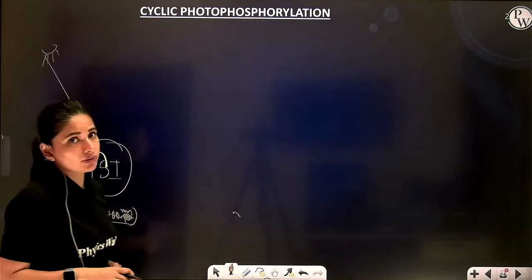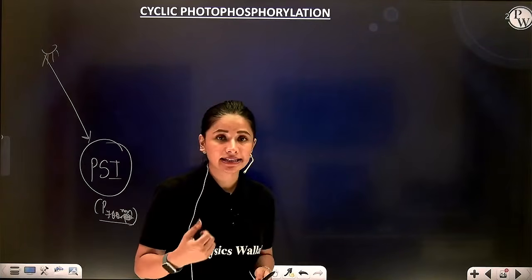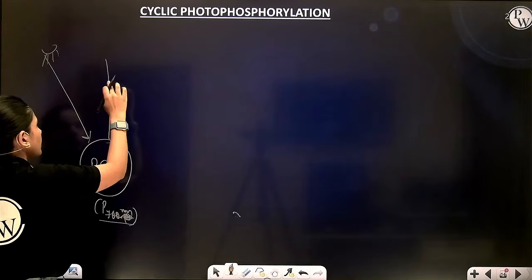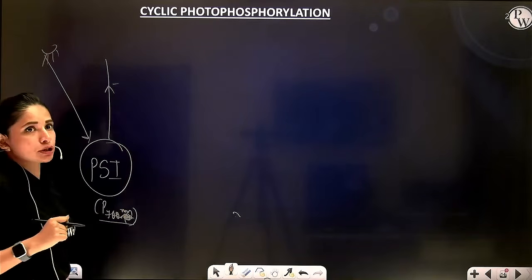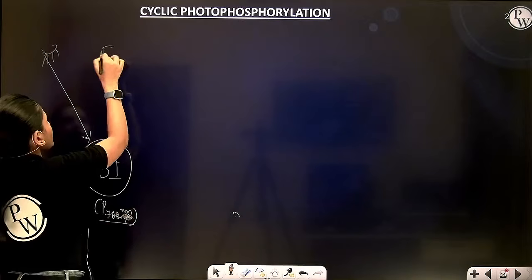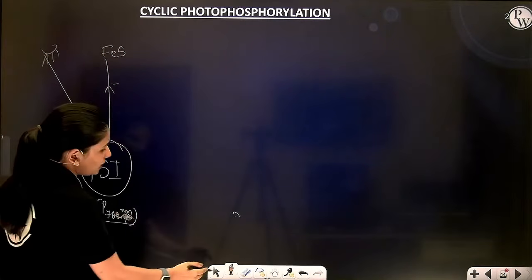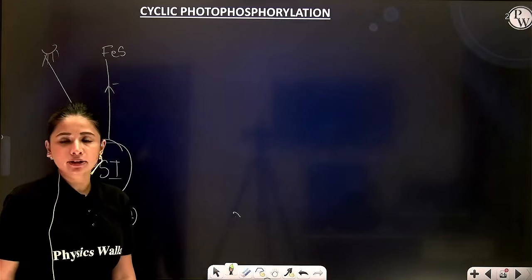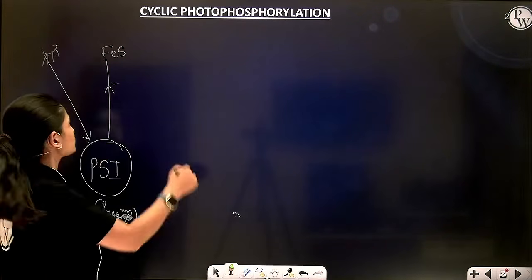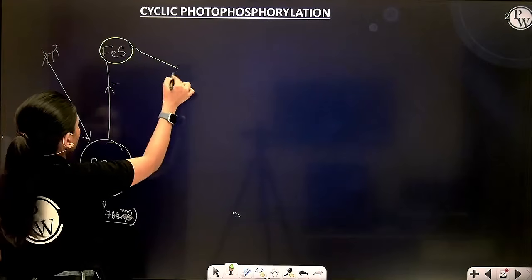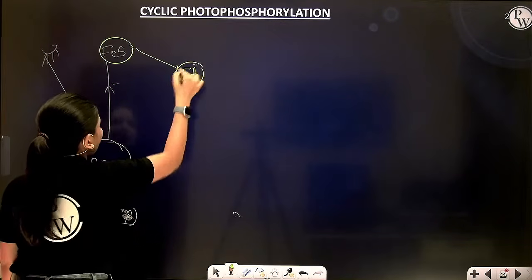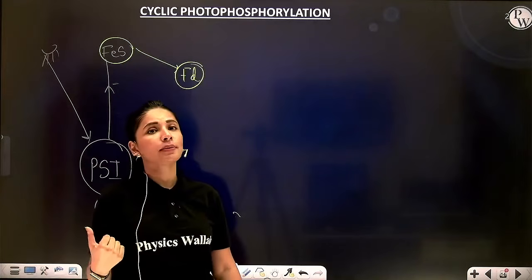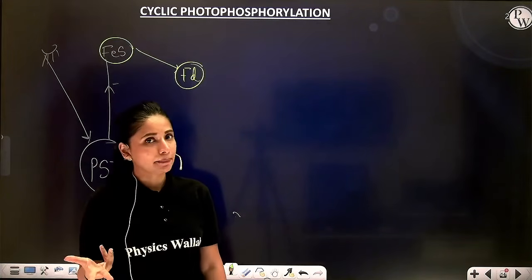The valence electron of PS1 gets excited and is lost, and is then accepted by the primary electron acceptor of PS1, which is iron sulfur. Right? Iron sulfur accepts the electron but is not ready to keep it. So it passes the electron to another electron acceptor, that is ferredoxin.